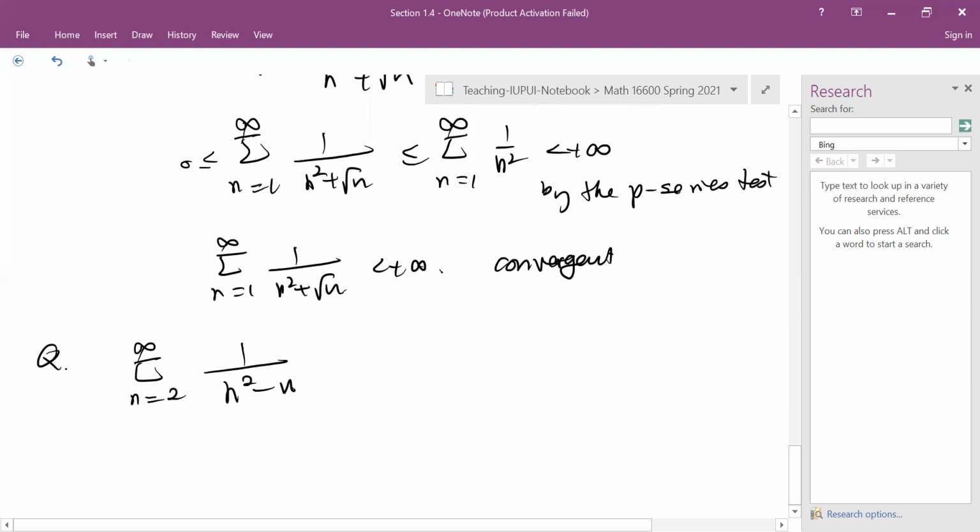Try to find some methods. At least I have two solutions to this problem. I'll let you think about it first. Now you have to get some idea, some feeling, about why it's convergent or why it's divergent. Then you try to prove it.